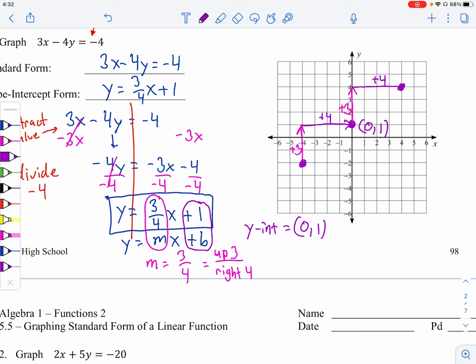Continue our pattern, and then we can draw a line right there. Perfect. Our slope is going up to the right, so our line is positive. So positive slope.